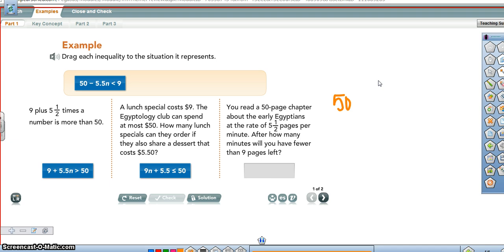We're reading them, so we're going to have less and less pages to read as we go. So we're subtracting 5.5 pages every minute. The number of minutes is unknown, and we want to do this until we have fewer than 9 pages, so less than 9. That matches our last inequality choice.